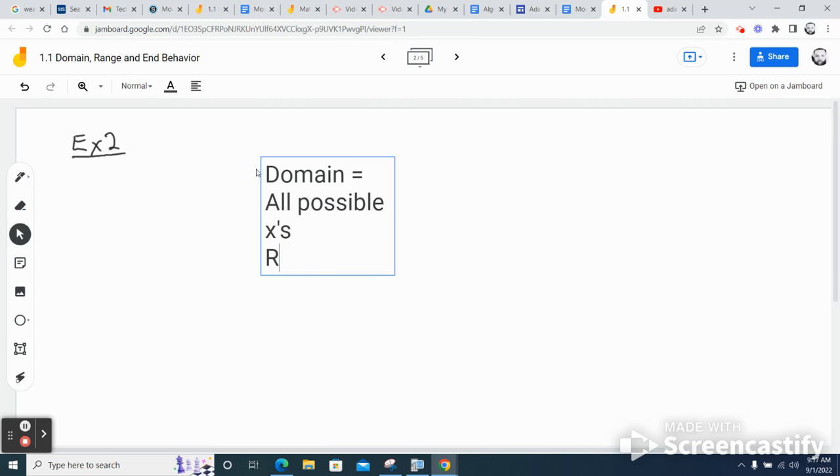Okay, and what is the range? All possible y's. So I think we're on the same page on that. We kind of understand that, right? It gets a little trickier when we get to how we figure that out with the graph.